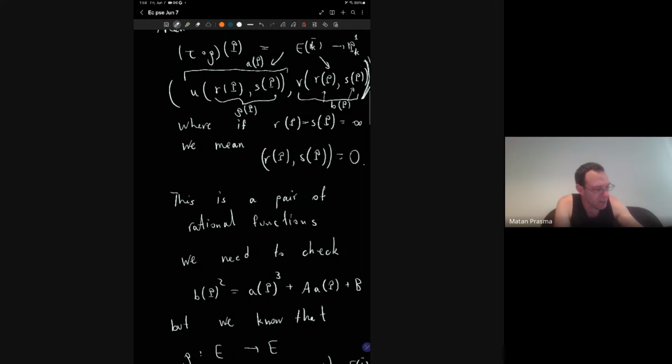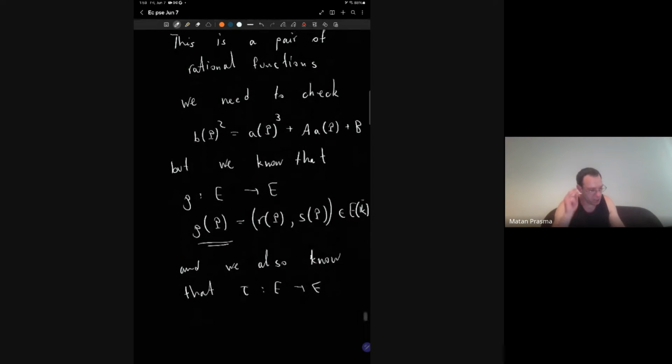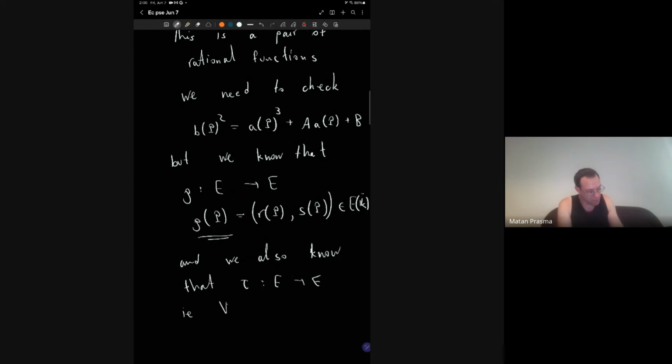And in the other argument, I also have rho of P. And we also know that tau from E to E is a rational map, i.e., for any Q, tau is (u, v).